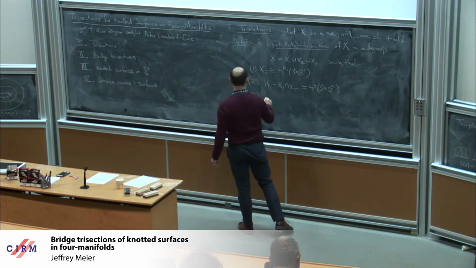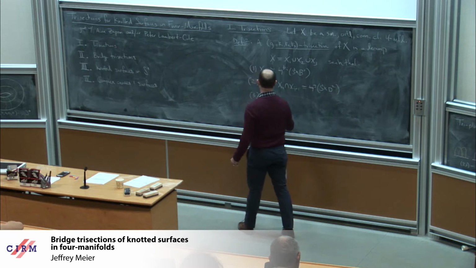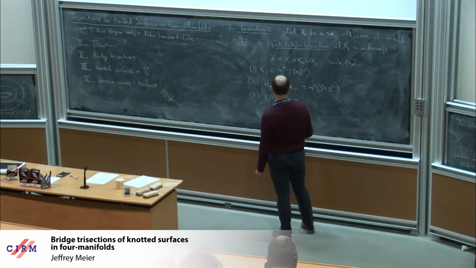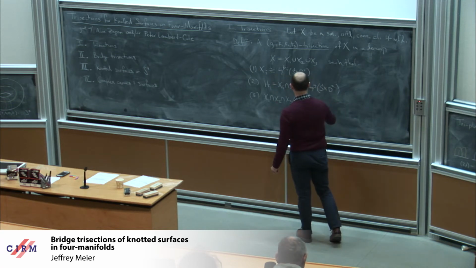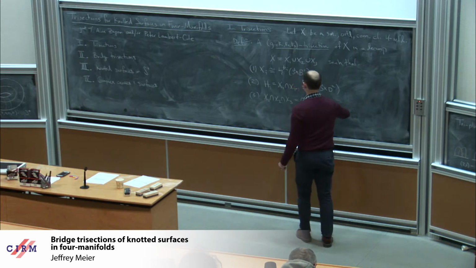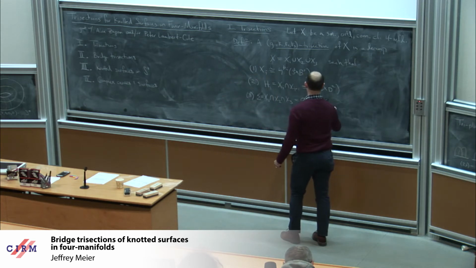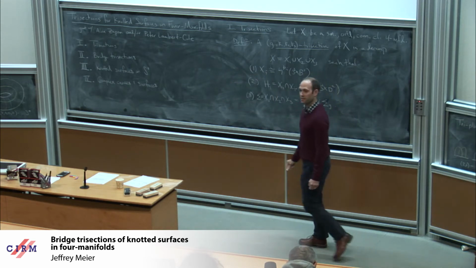And then lastly, the triple intersection, X1 intersect X2 intersect X3, which is also the boundary of each of the X_i, we'll call sigma. And this is diffeomorphic to a surface of genus g.